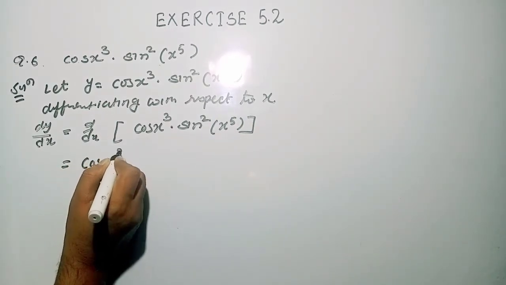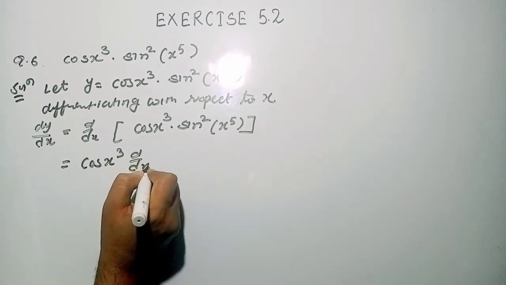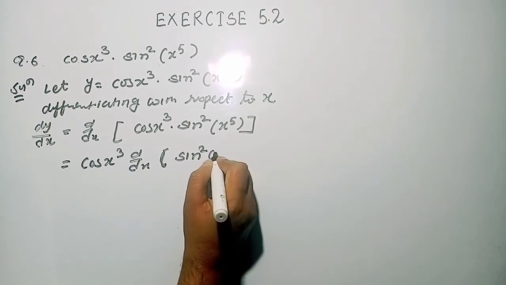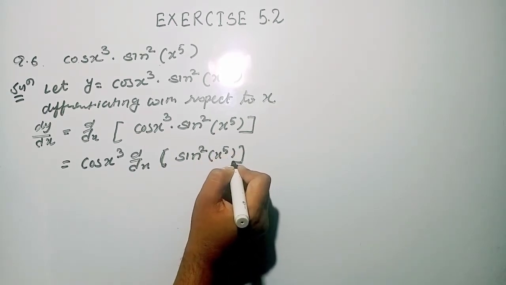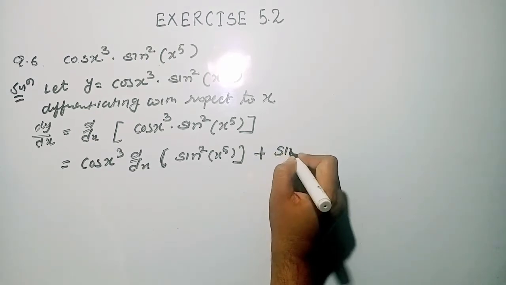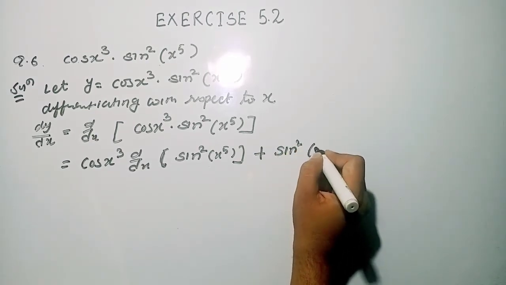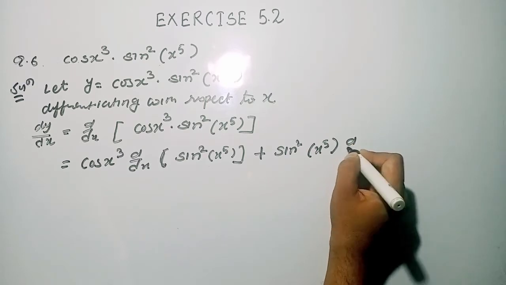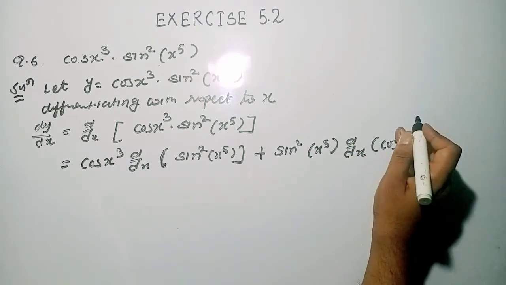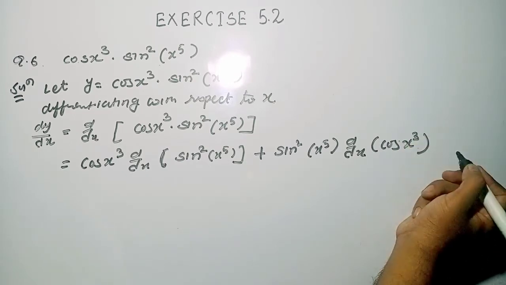So cos x cube will be constant, and we take the derivative of sine square x to the power 5. Now the next time, sine square x to the power 5 will be constant, and we will take the derivative of cos x cube.